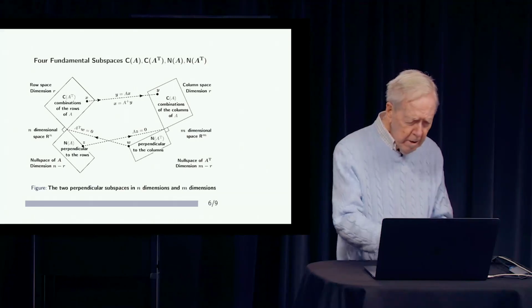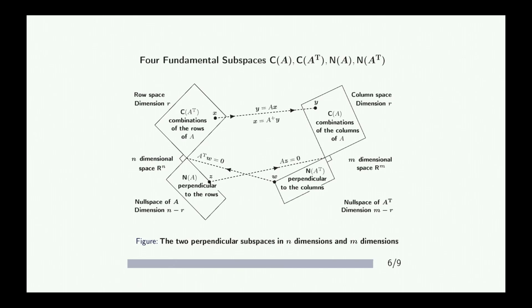And then the null space of A, I think we found one vector perpendicular to the rows, and the null space of A transpose might have been 0 in that case, or vice versa.